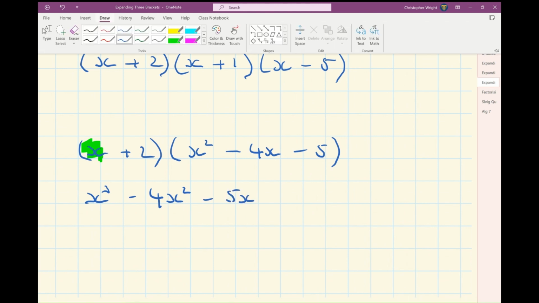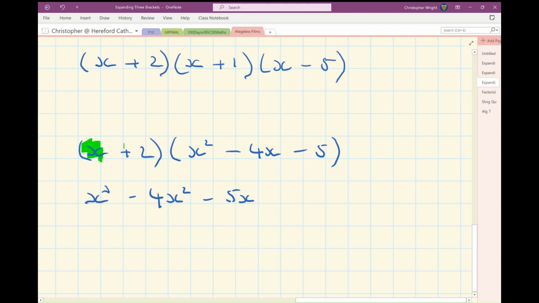And now I'm going to do the plus 2 multiplied by everything in the second bracket, one at a time. 2 times x squared is plus 2x squared. 2 times minus 4x is minus 8x. 2 times minus 5 is minus 10.